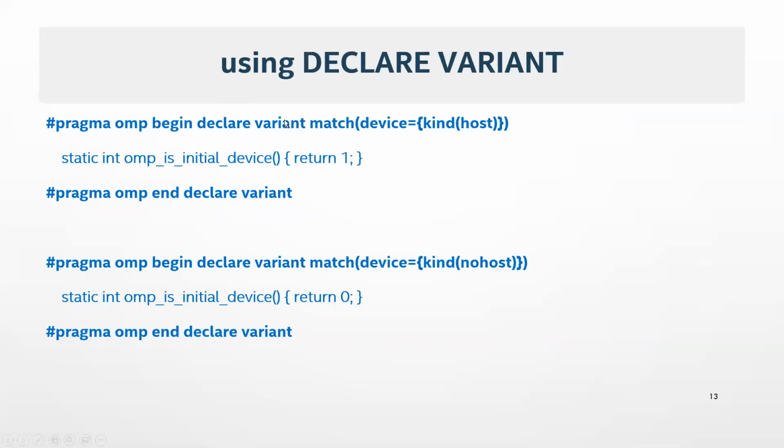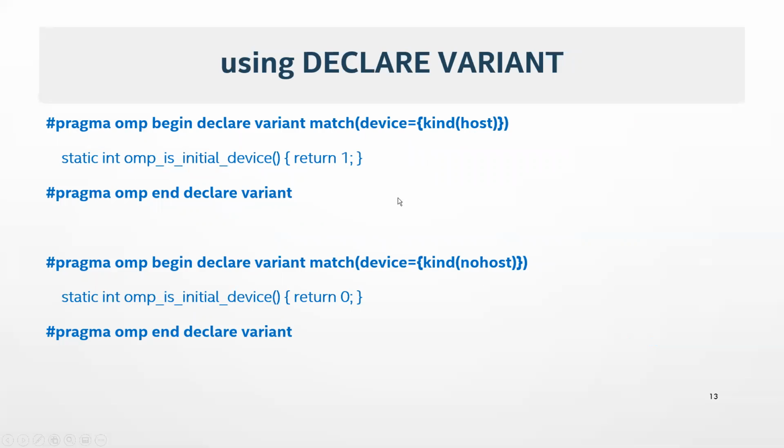So you can use the OMP declare variant construct to get this functionality. Here you have a declare variant, and I say when match device is host, then use this function. And then I have another declare variant when the device is no host, then use this.